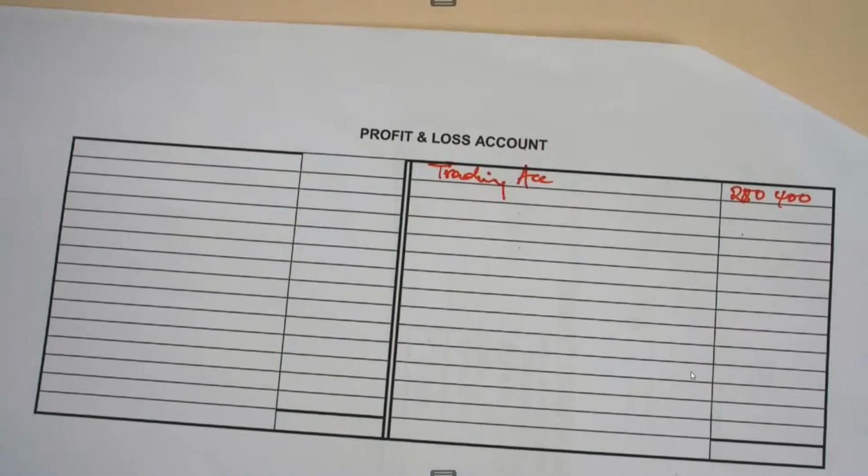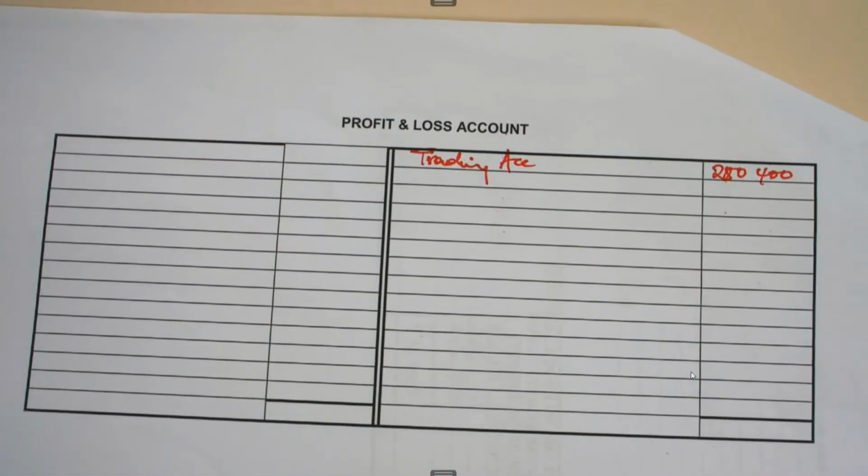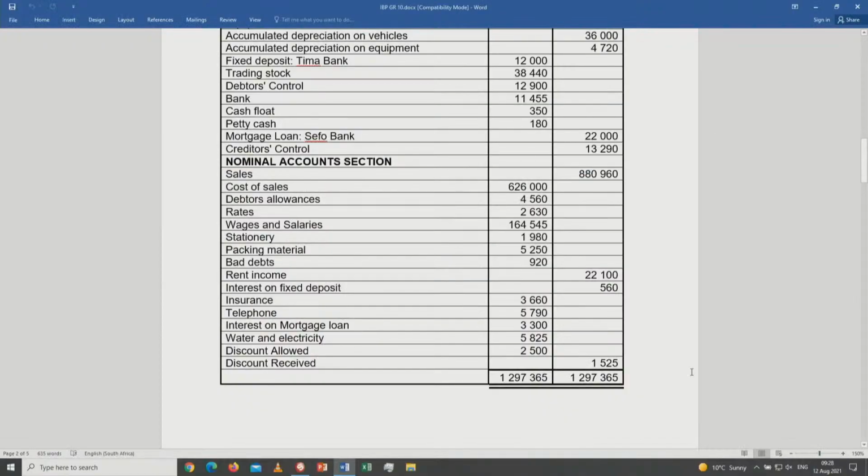Now, here we come to our profit and loss account. I repeat again, let's go check our trial balance. Remember I said to you, we prepare our profit and loss account with nominal section accounts.